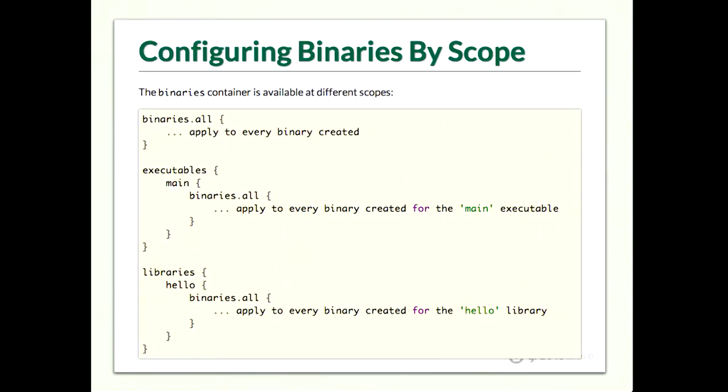These are domain object collections, so you can use any of the regular stuff that you can get there. With type is just one of those methods on there. I don't think I have any examples of using .matching today, but when we get to doing build types and things like that, it's a way of targeting all the compiler arguments for a particular build type. It's one way to do it anyway.